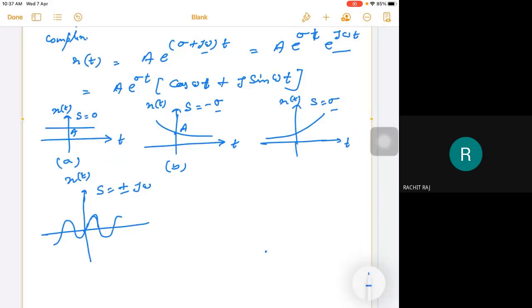That is a pure sinusoidal signal, and it will be the case when s equals plus minus j omega.